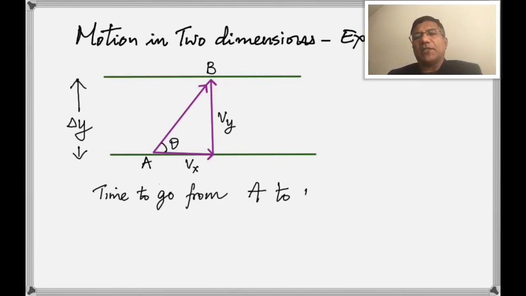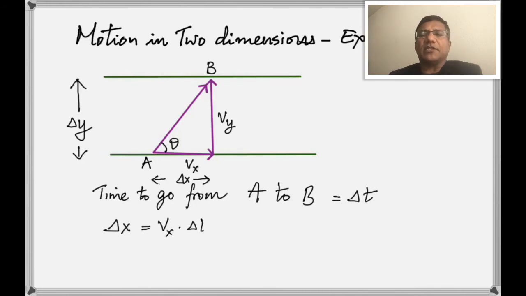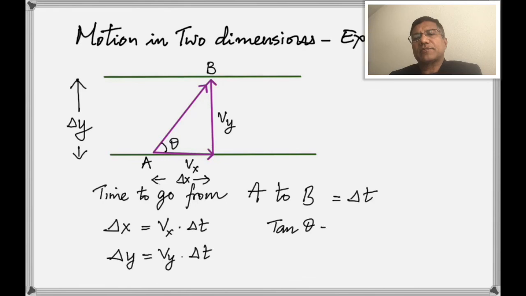So the time to go from A to B, let's call it delta t. That's the case, delta x is going to be Vx times delta t. And delta y is going to be Vy times delta t. That's it.